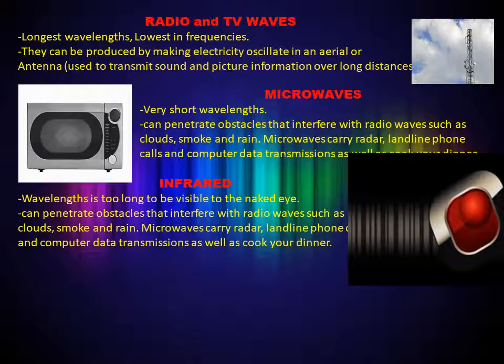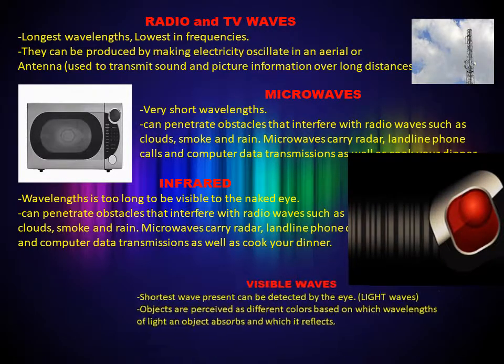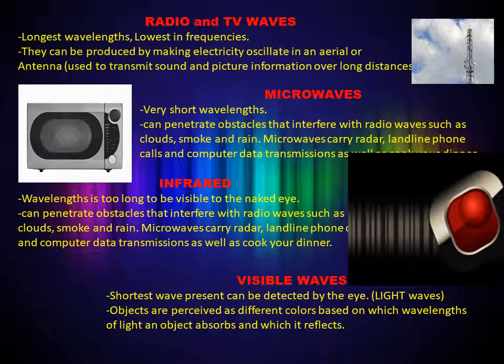Next, we have the visible waves or visible light, wherein it is the shortest in wavelength that can be detected by the eye. An example of this is the light waves, or the light carried by the sun.